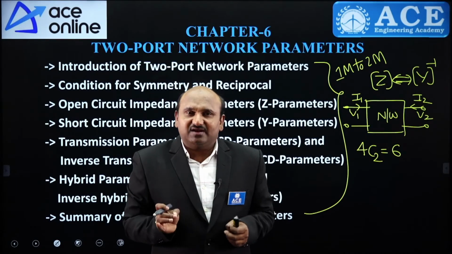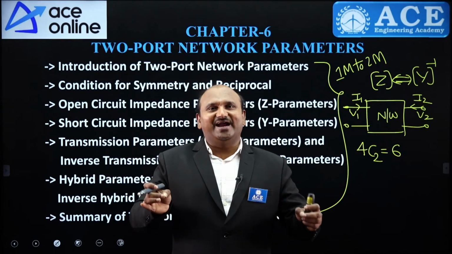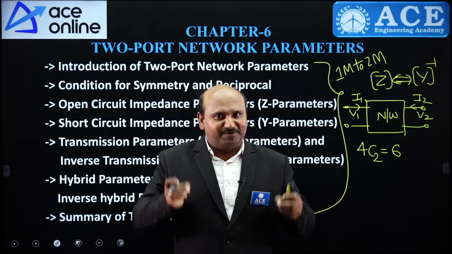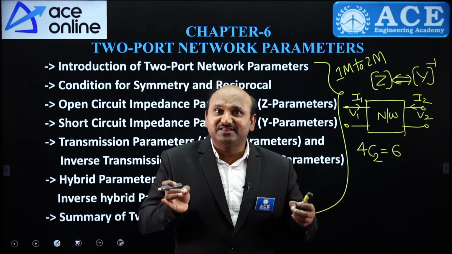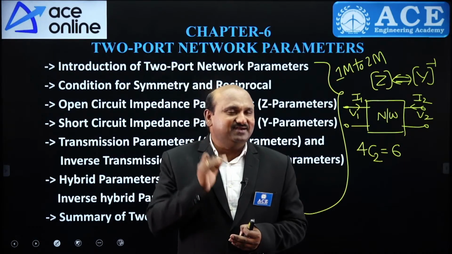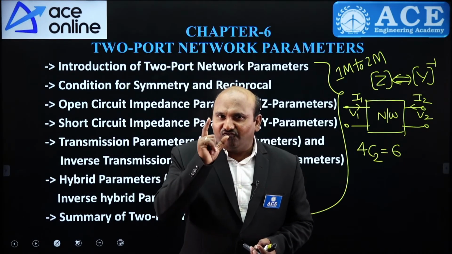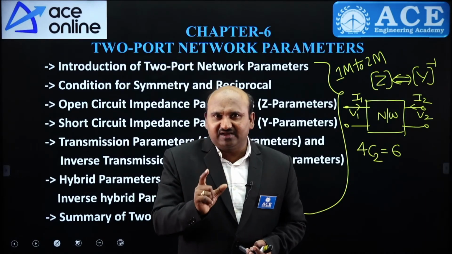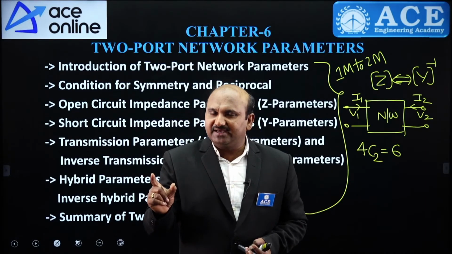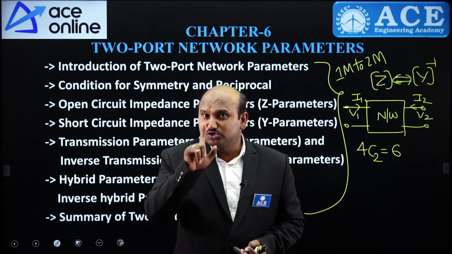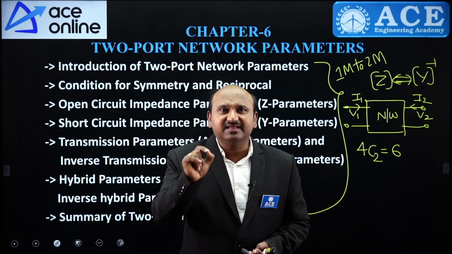And you may get a doubt: sir, in some questions the data is provided with Z parameters and he is asking for ABCD parameters. In that instance, you should derive it. You need not remember the formulas relating ABCD to Z parameters. Just take the parameter.